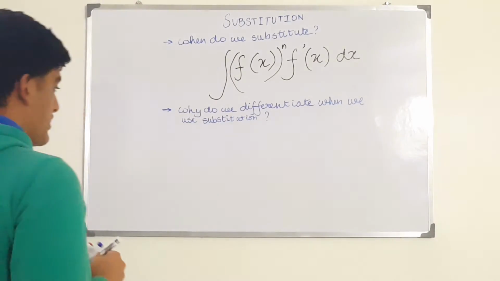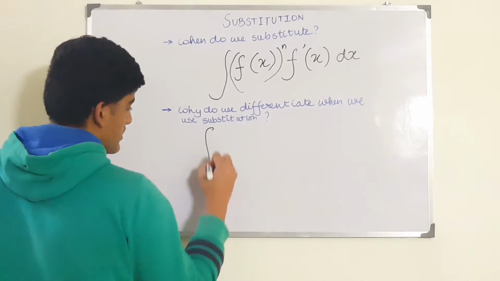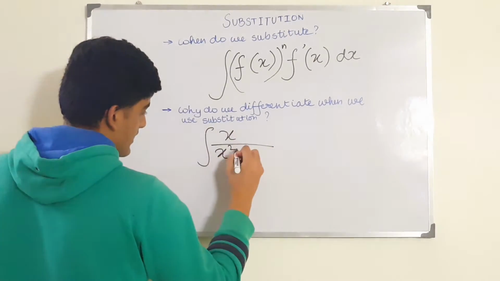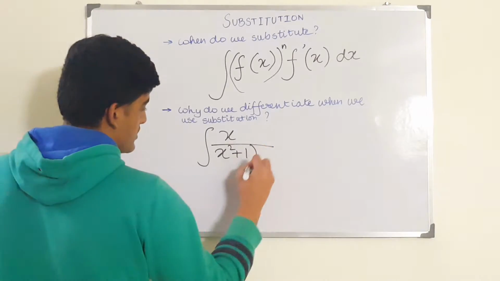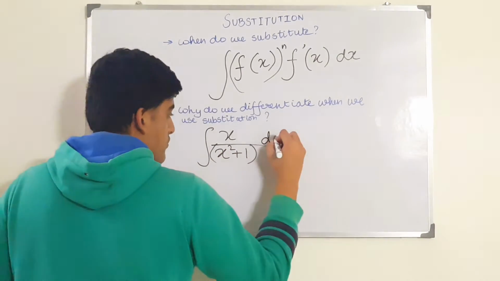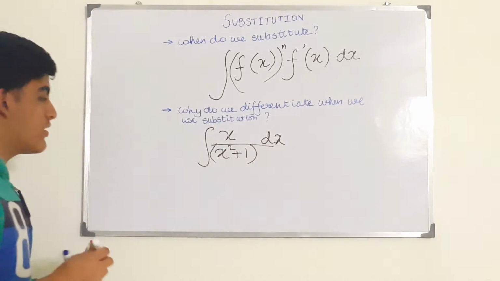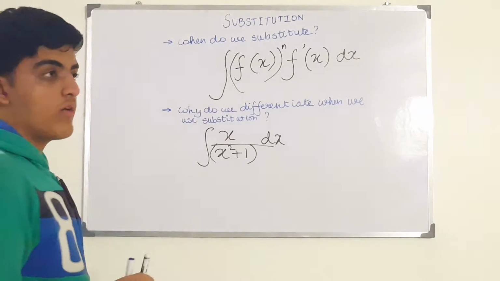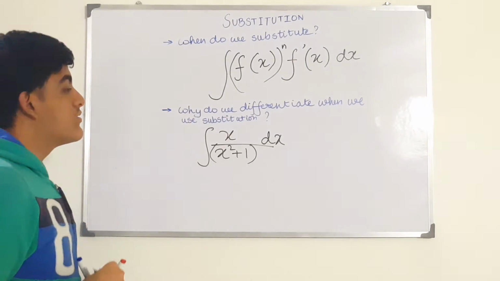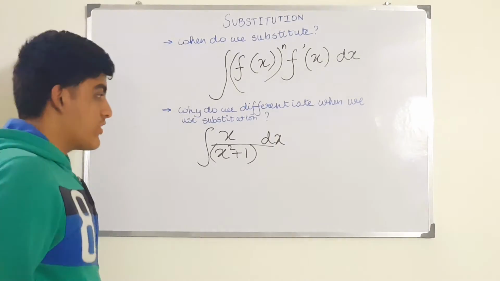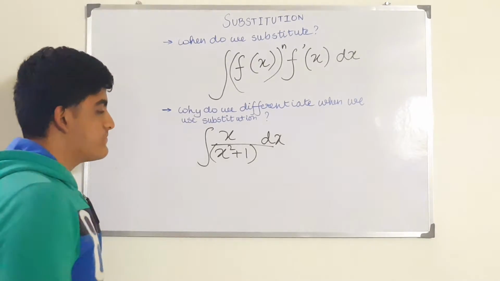So the example is the integration of x divided by x squared plus 1 dx. This is the integration that we're going to perform now. You might already know what I'm going to do.